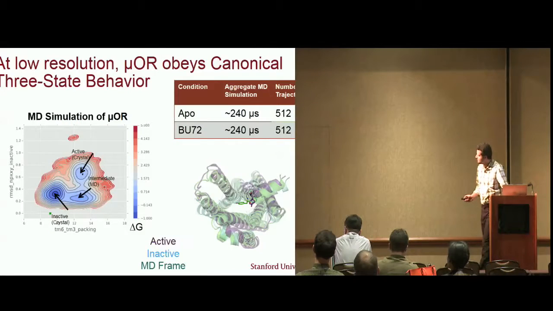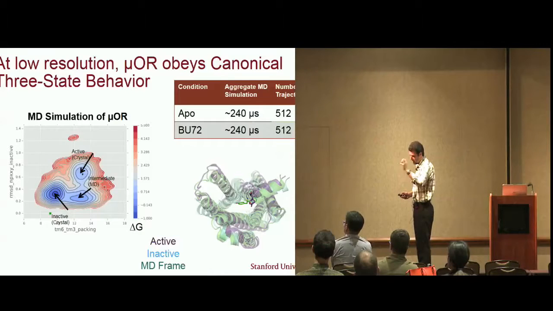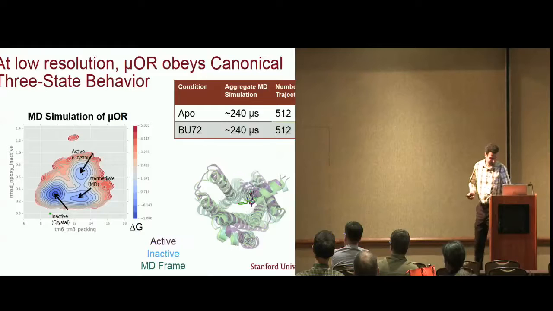In another effort, we run the simulations with APO, ligand from the active crystal structure out, and we also put the highly active co-crystallized ligand BU72, and thanks to Blue Waters, we have this 480 microsecond. Those people who are running MD know this type of sampling is pretty difficult.